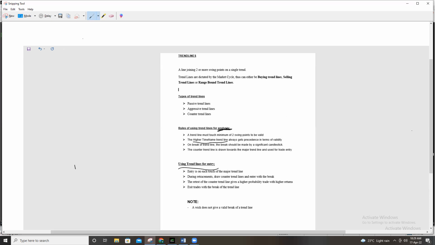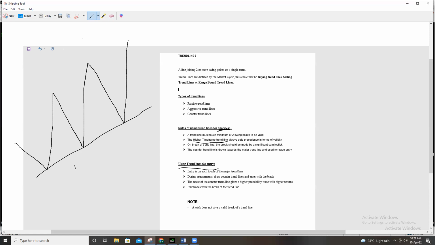So rule number 1 for entry is on each touch of the major trend line. Let's say you have your first touch, then you have your second touch. Now, the highest trade you get is, of course, on the third touch. That is like a rule. This is usually the heaviest. That doesn't mean there will not be other touches.